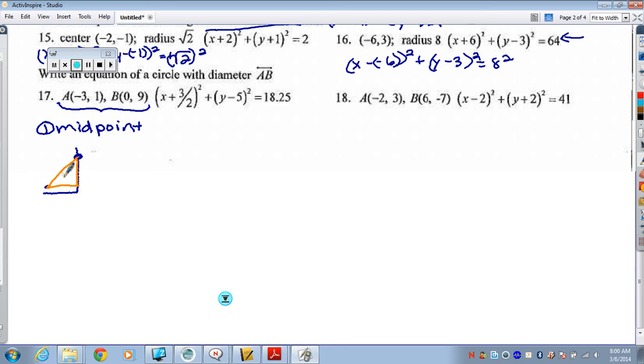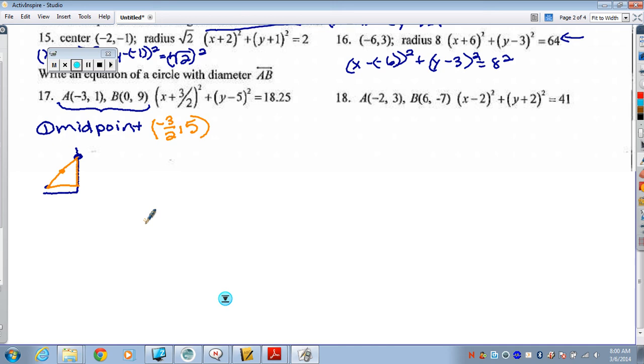I know that my midpoint is somewhere right here. Well, I know my x values are the average of the x's, so negative 3 plus 0 is negative 3, and you have to divide it by 2. So negative 3 halves, which is negative 1.5, makes sense. And then I know that this is 9 up here, and this is 1 right here. Well, the middle of 1 and 9 is 5. So there's my midpoint.